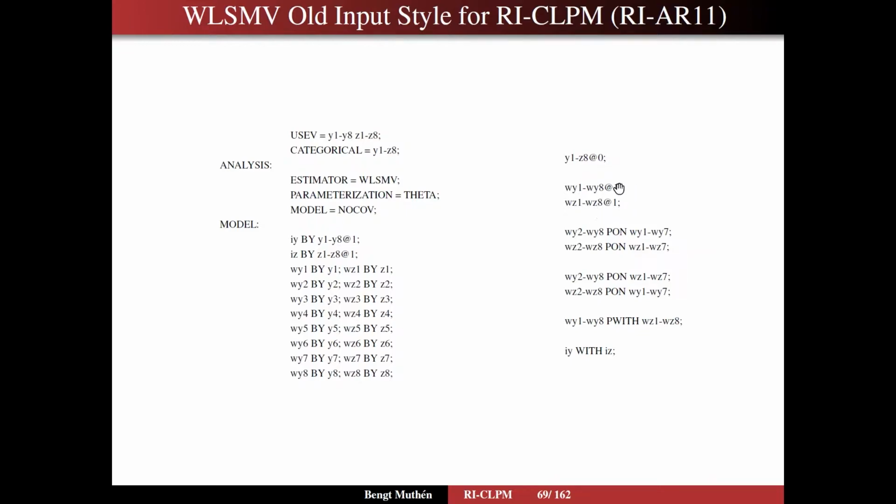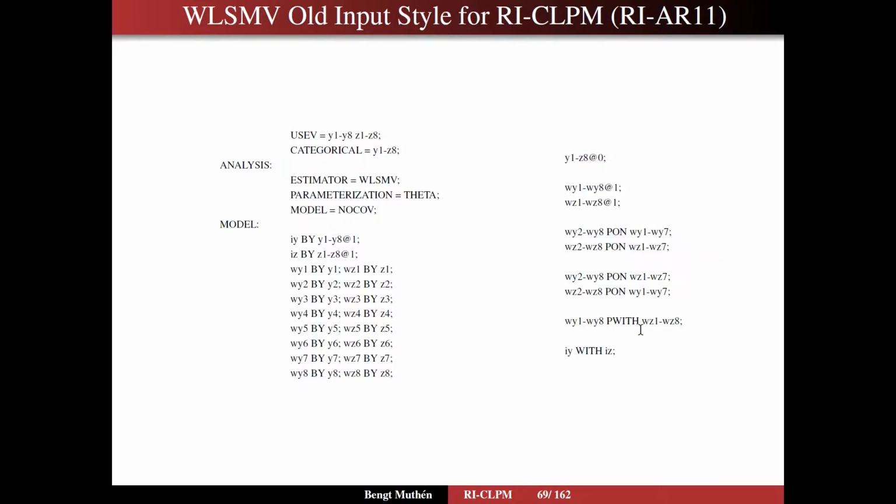And the new thing is that we fix the variances of these within factors to 1. But then we have the regular first order autoregressive relationships here for each of the two variables, and the cross lags here. And then the contemporaneous residual covariances there.